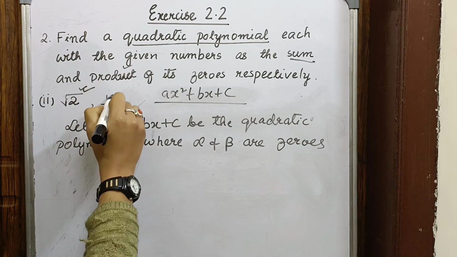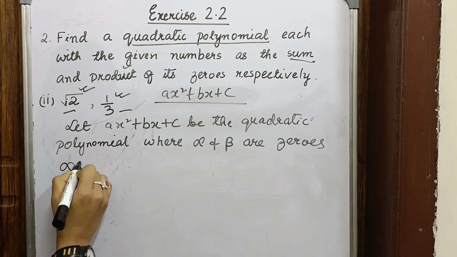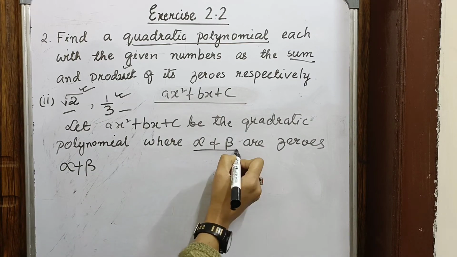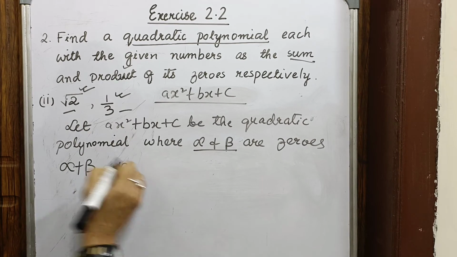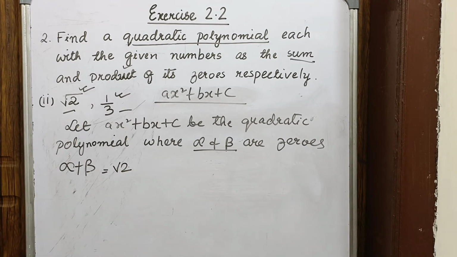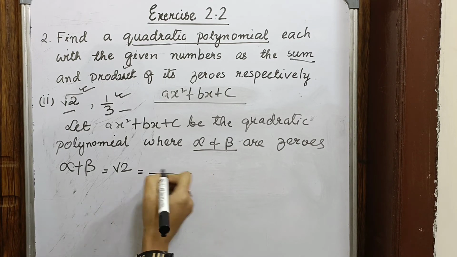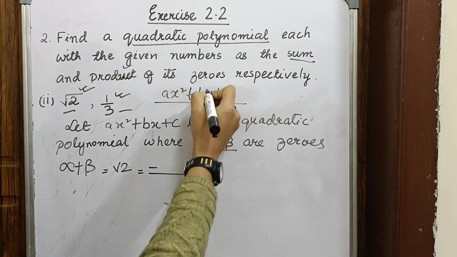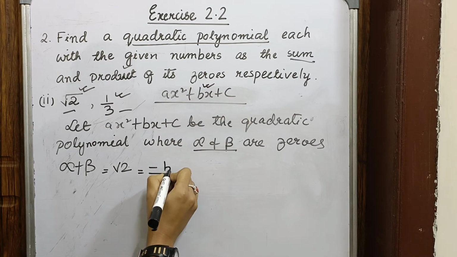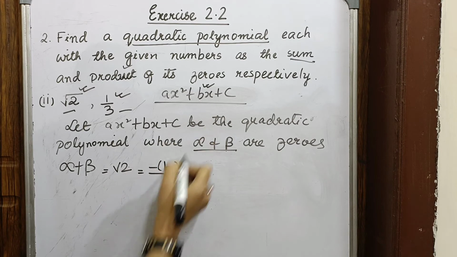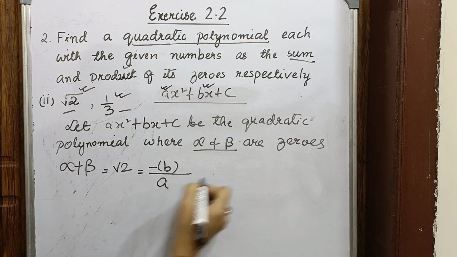Okay. So these are the zeros. So what is the sum and product of the zeros? Sum is this and product is this. So the sum of the zeros is root 2, which is already given in the question. So what is the sum of zeros? It is the minus of coefficient of x, so it is minus of b, by coefficient of x square, which is a.